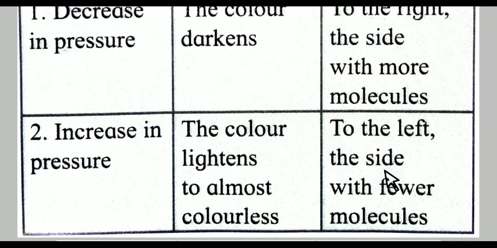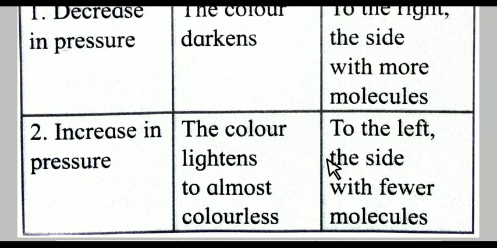So this is nothing but the effect of pressure. When we decrease the pressure, the color becomes dark and the reaction moves toward the right side and more molecules are formed. In the opposite case, with an increase in pressure, the color becomes lightest and almost colorless, the equilibrium shifts to the left and fewer molecules are formed.